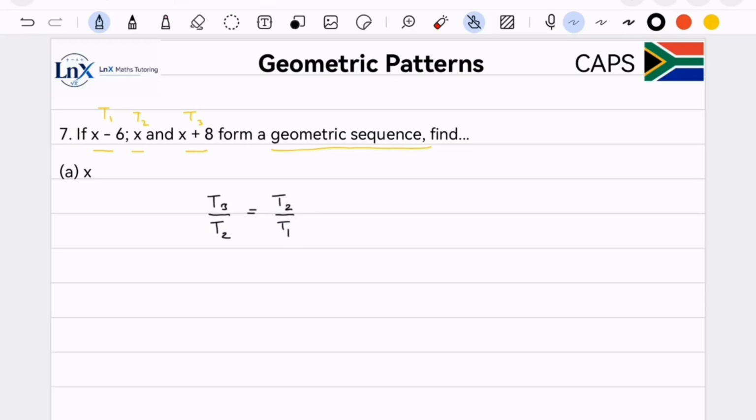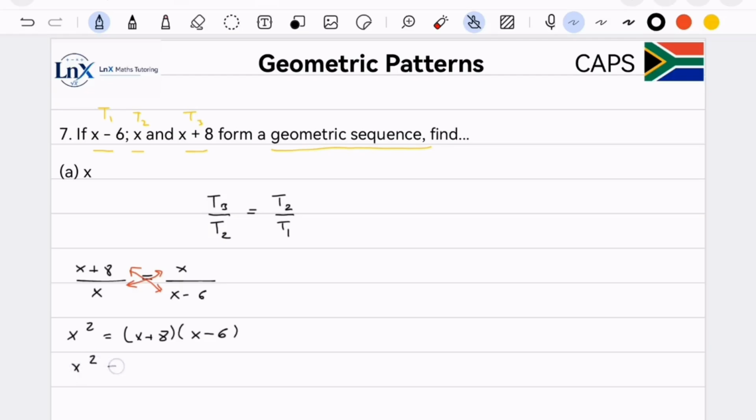So now we know that t3, that's your x plus 8, divided by your t2, which is x, equals x, which is also t2, divided by our first term, that's x minus 6. So we apply cross multiplication here, and then we end up with x squared equals x plus 8 multiplied by x minus 6.